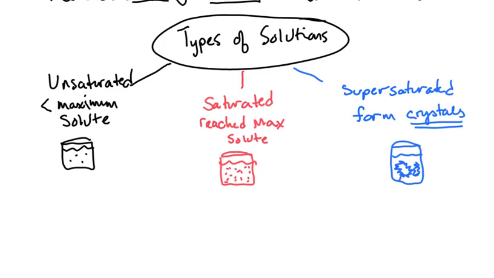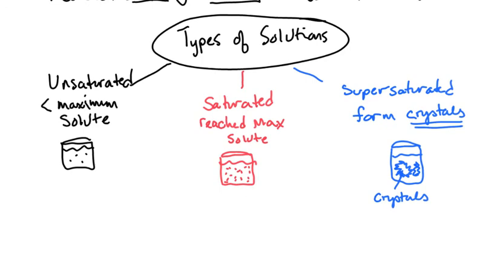Great drawing, right? These are crystals. So anytime you see the word crystals or crystallize, you know that you're dealing with a supersaturated solution. Anytime you see that our solution has reached the max amount of solute, it's saturated. And finally, unsaturated, you can still fit more.